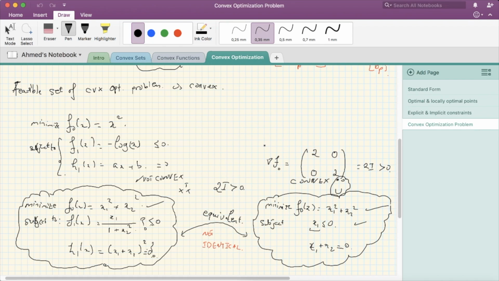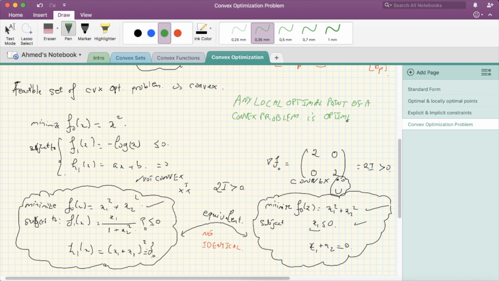Yeah, so why do we want to do that? Why do we want to convert a non-convex problem to one that is convex? Well, one main reason is because any local optimal point of a convex problem is optimal.